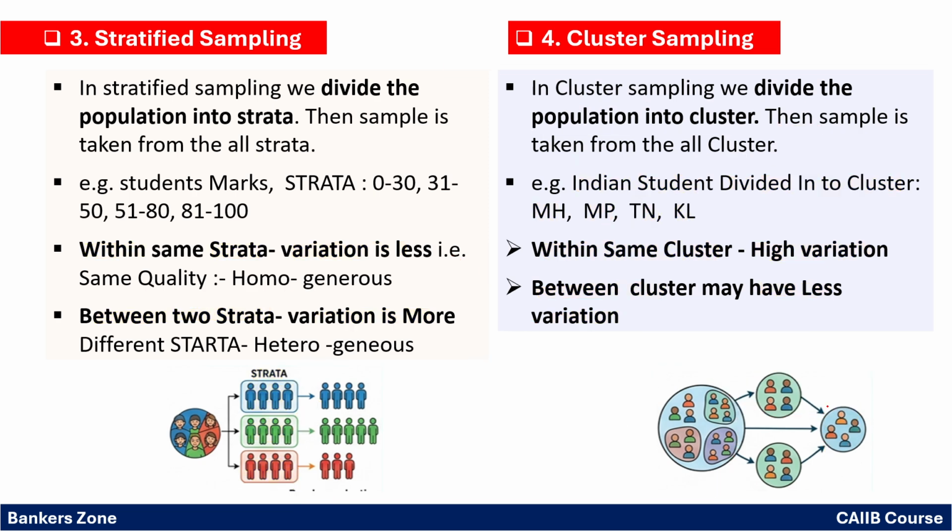So only one thing you remember: for stratified, the strata are homogeneous in nature, but for a cluster, within the cluster there is high variation, so we can say it is heterogeneous in nature, right? So those two things are very, very important from the exam point of view. In strata, items are homogeneous, but in cluster, items are heterogeneous, right?